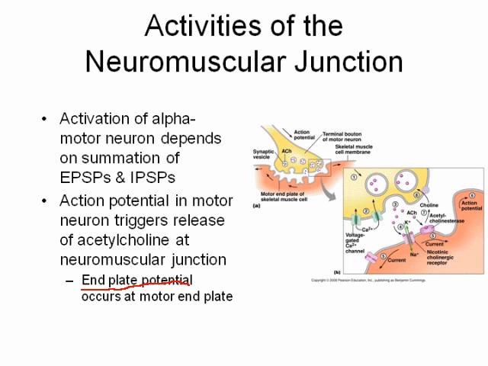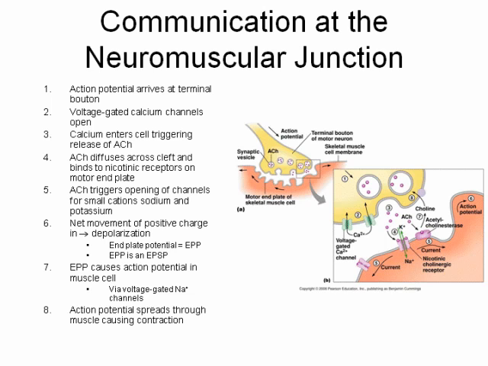The end plate potential is a graded potential. It has a special name just because it was studied initially here at the motor end plate. But it is basically itself an EPSP of the membrane of the muscle cell. So now let's look at all of the steps that are involved.